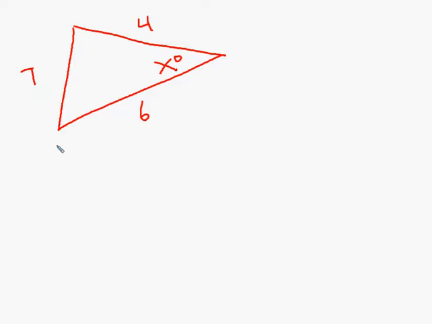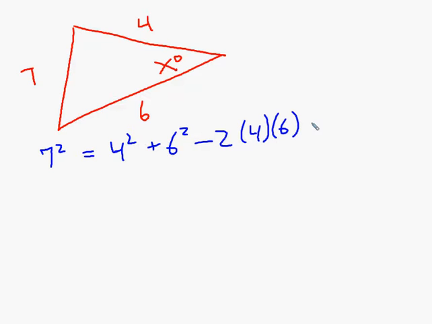Okay, we're going to go 7 squared equals 4 squared plus 6 squared negative 2 times 4 times 6 cosine x. Now this time I'm going to isolate this cosine x. So I treat it like it's just an x for now.